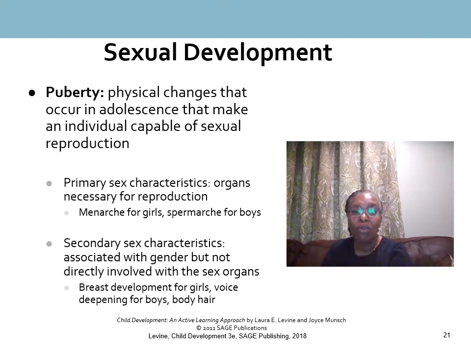For girls, you're going to see the formation of breasts, and menarche, or menstruation, will begin. Boys also have this at this time, in terms of primary sex characteristics, called spermarche. Menarche is for girls, spermarche is for boys. Okay.